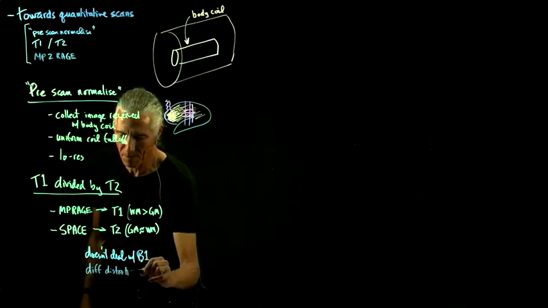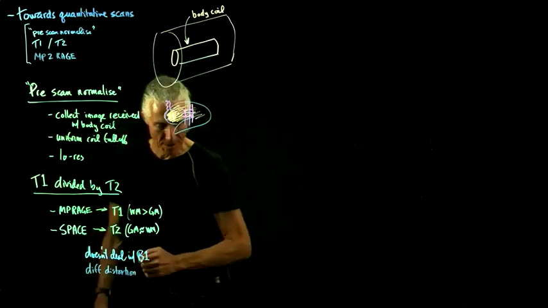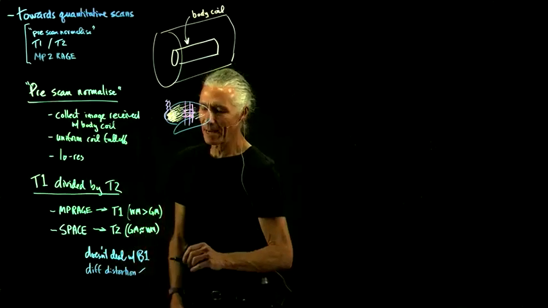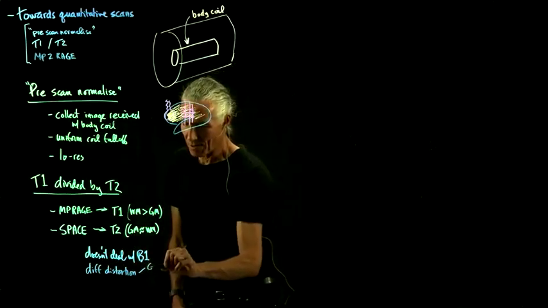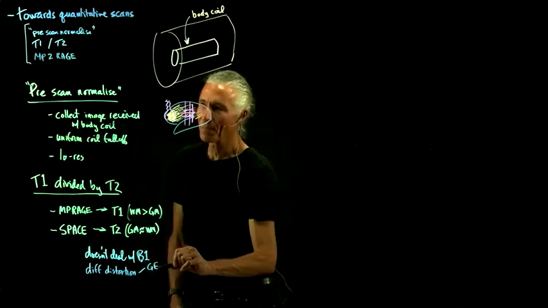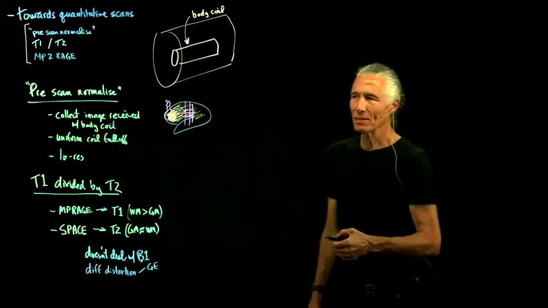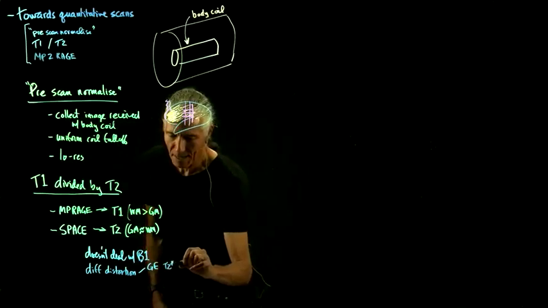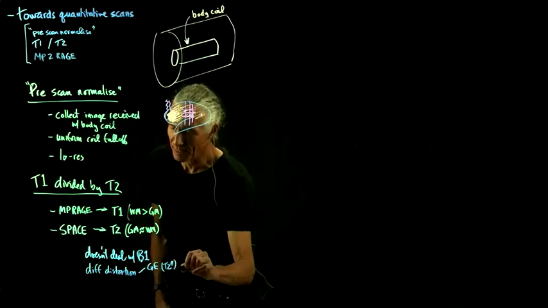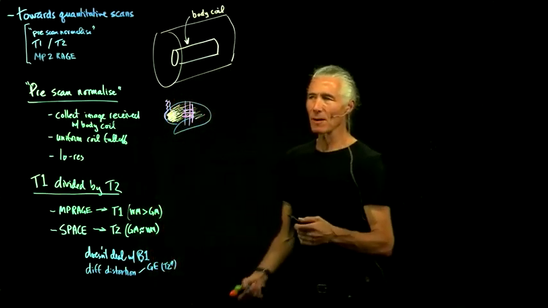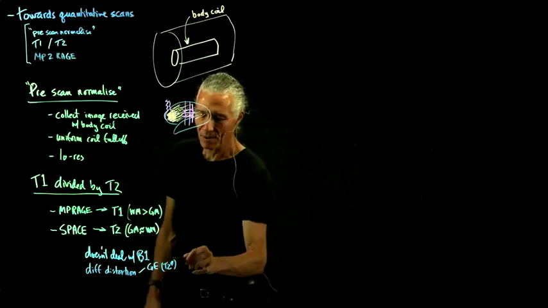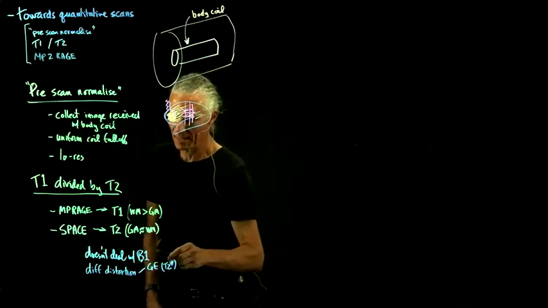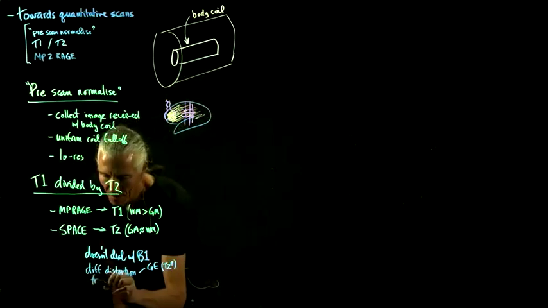And why is that? Well, the FLASH-like scan, the MP RAGE type scan, is a gradient echo. And so that means it's T2 star. It's not correcting static field offsets because the echoes that come out are all T2 star weighted. And so they've got the star problem from fixed B0 offsets. So different distortion from B0.